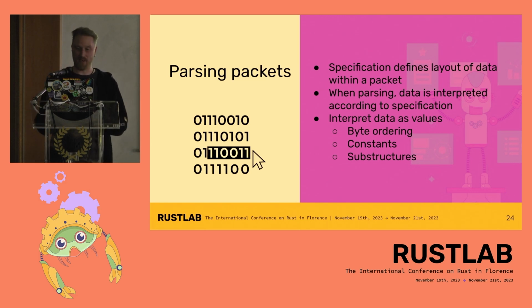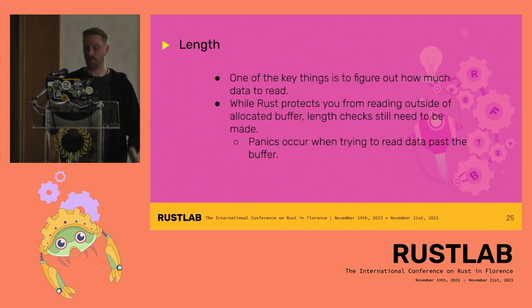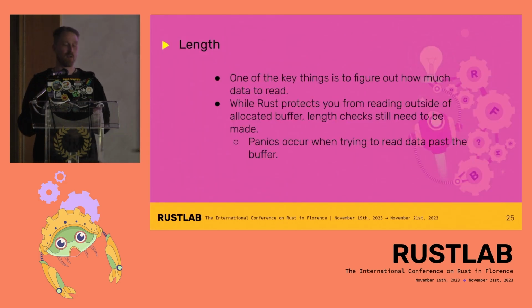And then there will be a lot of substructures. Usually the packets are divided into substructures, which are then something like repeating TLV structures, type length value structures, where you get one length wrong and then off you go in the completely wrong direction. So there's quite a lot of things to juggle, quite a lot of things to do. Thankfully, Rust will help us quite a lot.